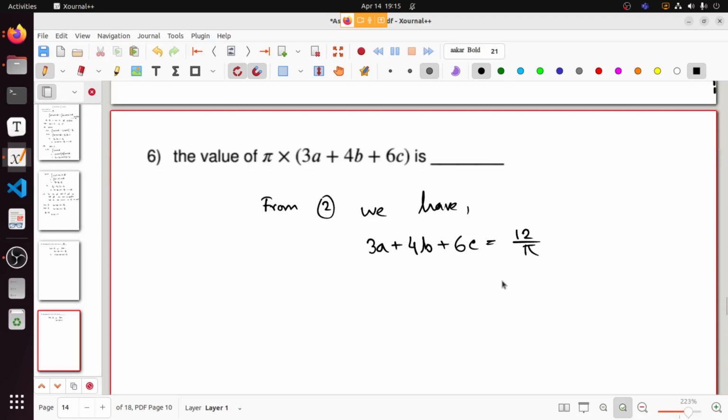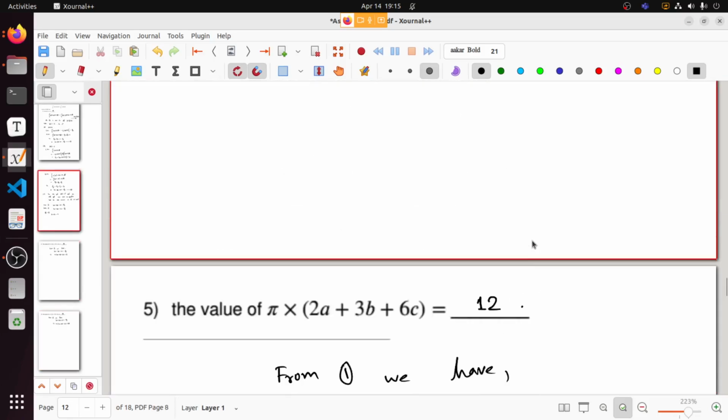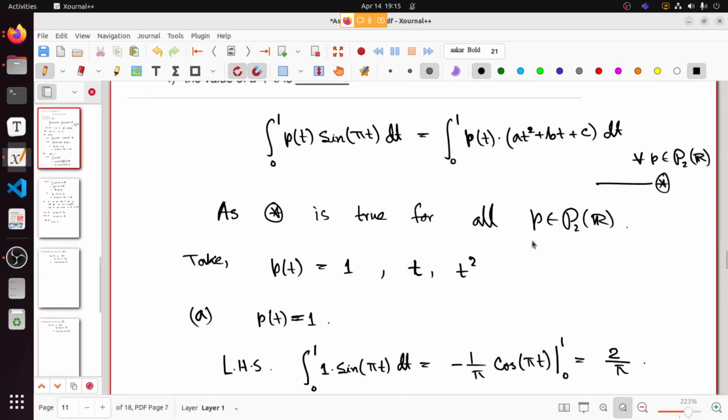So therefore again we will get pi times (3a + 4b + 6c) equals 12, right? So question number 6 will be 12. So you find out all the values. Questions 4, 5 and 6 are done.